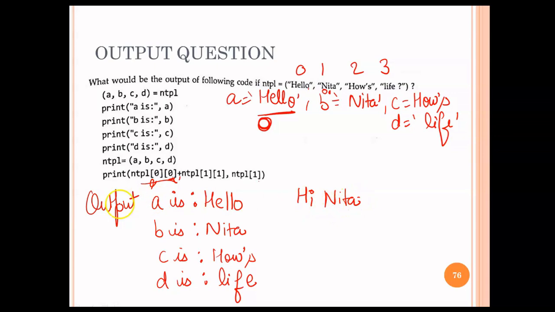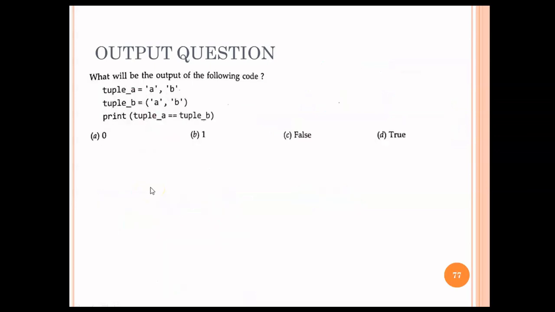This is the output for this last print statement. You should be clear with the double brackets. The first square bracket gives you the element, and the second square bracket, inside the element, considers the position of that particular value. If you are clear with this, you will be able to do these types of questions also.